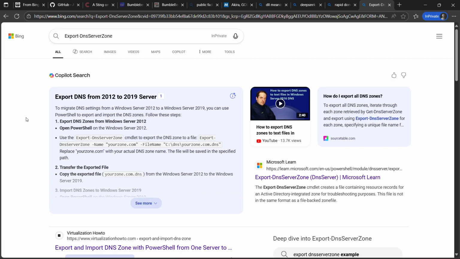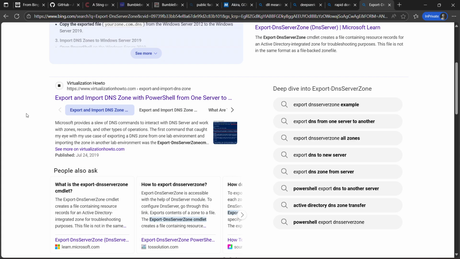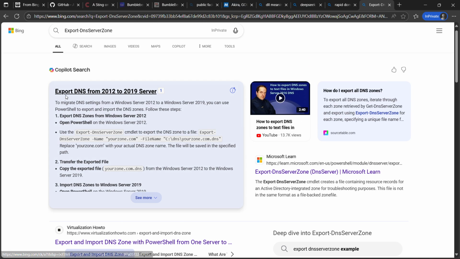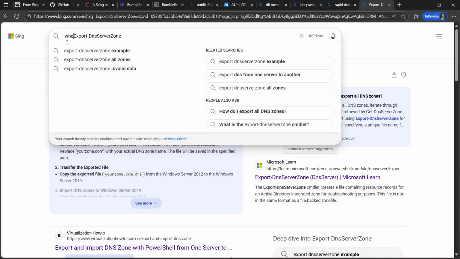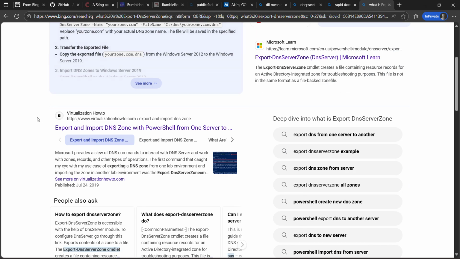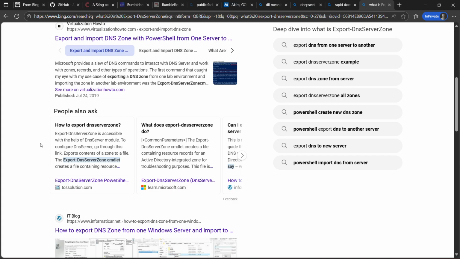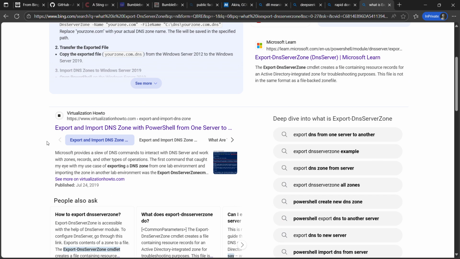Microsoft provides a slew of DNS commands to interact with DNS servers and work with zones and other types of operations.